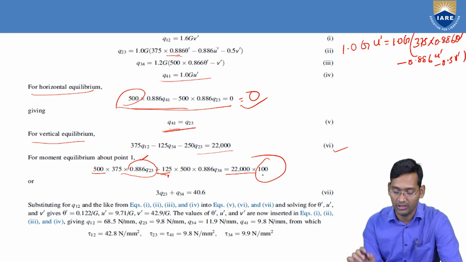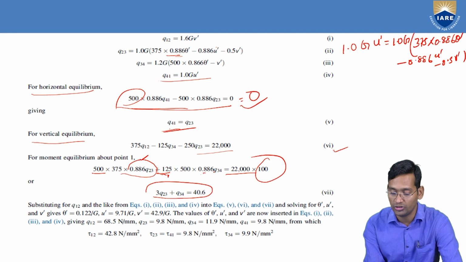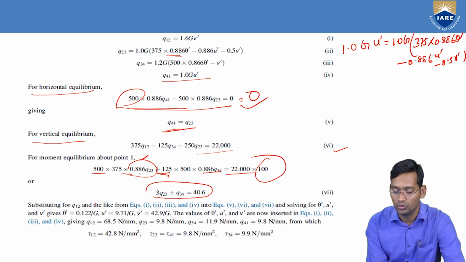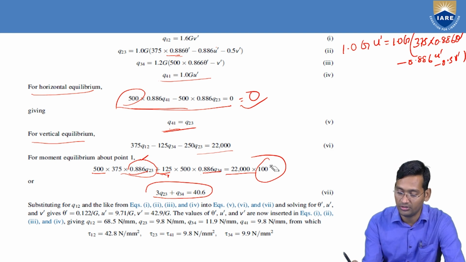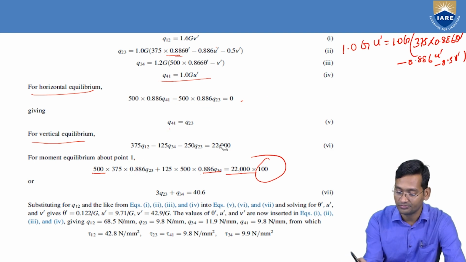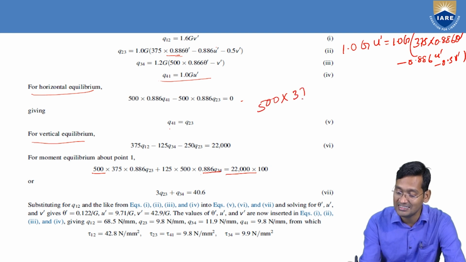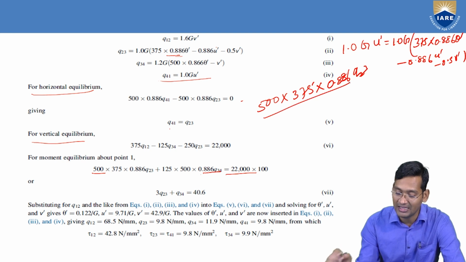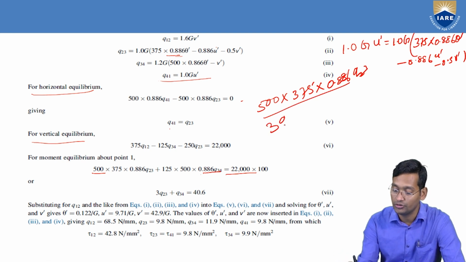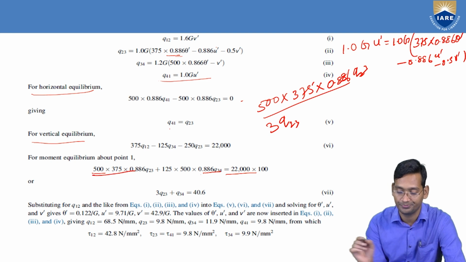So after simplifying this one, we will get 3Q23 plus Q34. Once you simplify, just multiply 500 into 375 into this term Q23. I'm showing the individual terms. First, 500 into 375 into 0.886 Q23. If you multiply this, you will get 3Q23 from this term.